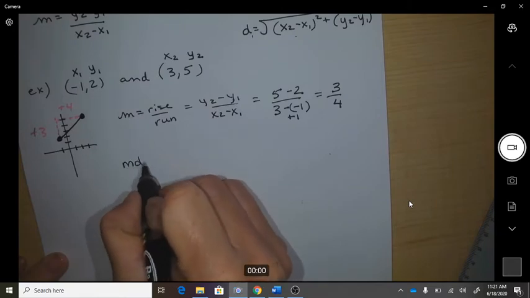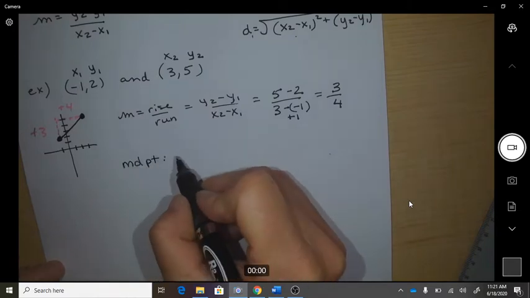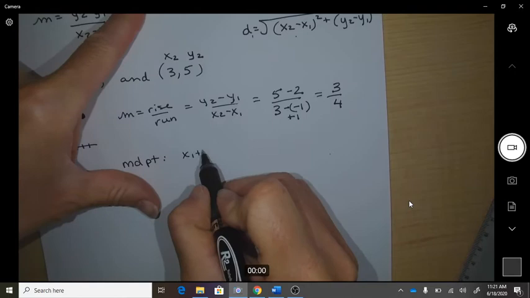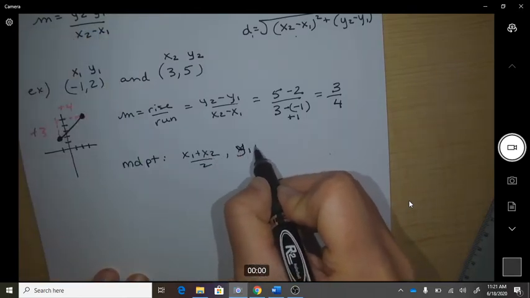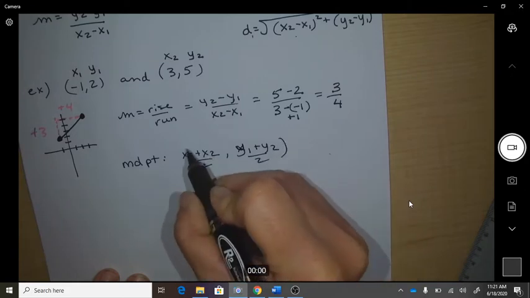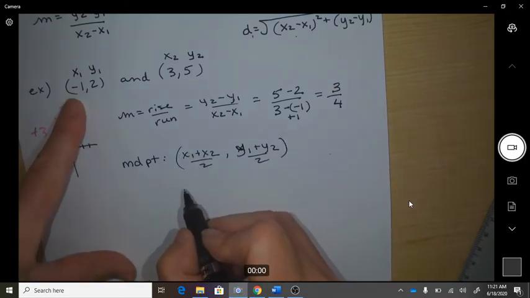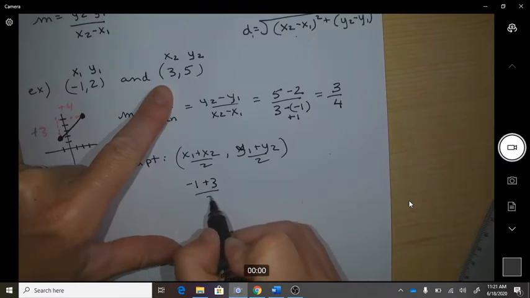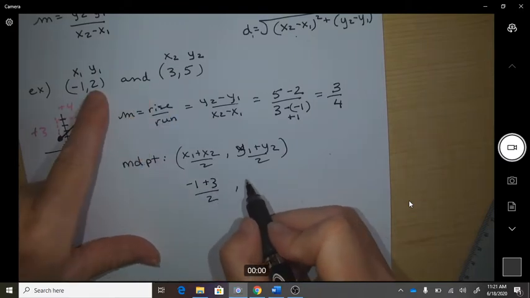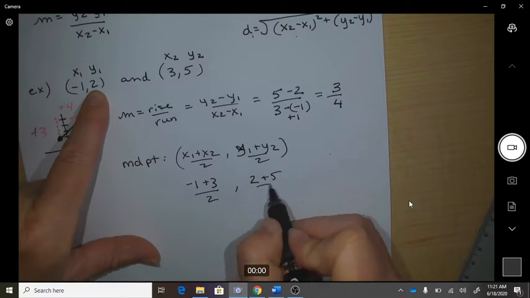Okay, midpoint. So I'm going to use this formula. I'm averaging, oops. So x1 plus x2, average them. 2 plus 5 and average them.